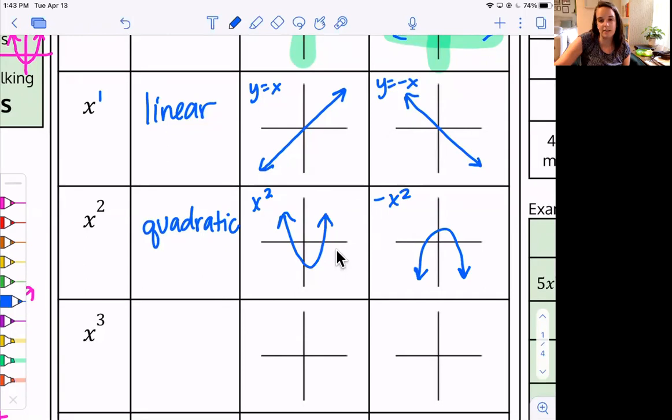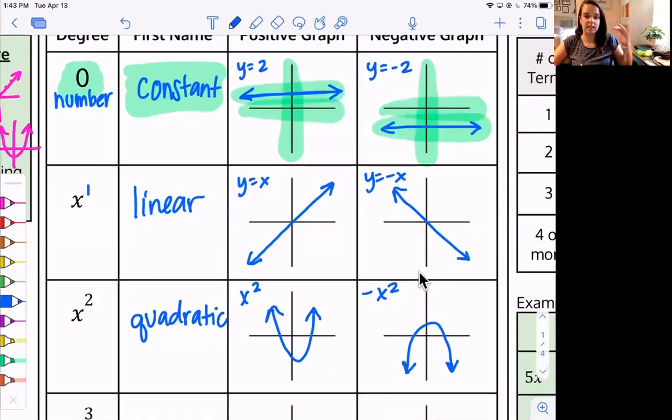So when it's positive, it goes up. When it's negative, it goes down. So positive x squared and negative x squared. Awesome. So these are the ones that we've learned so far: constant, linear, and quadratic.